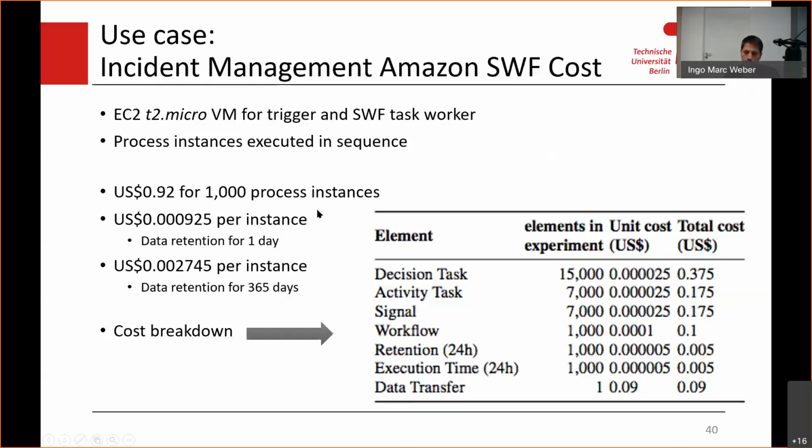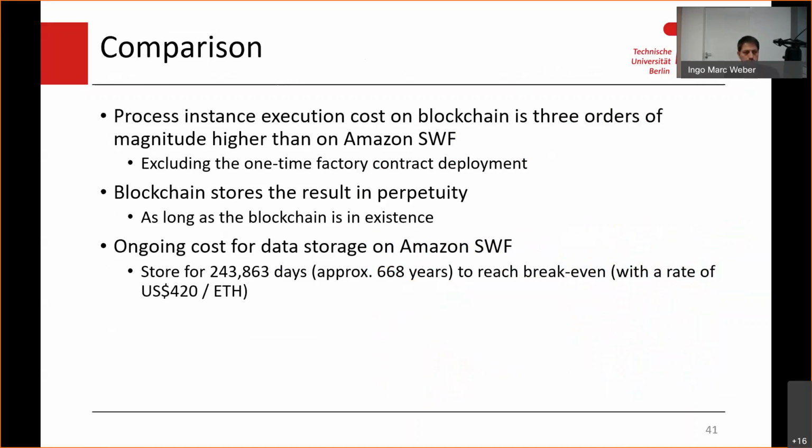And so, you can have a look at the papers and get all the details also over the history. And of course, the exchange rate is something where we need to be careful. Just two aspects that I wanted to highlight. The blockchain stores the results in perpetuity. So for the lifetime of the blockchain, you'll never have to pay again. For Amazon Web Services or any other cloud provider, you typically pay by the month or by the day.